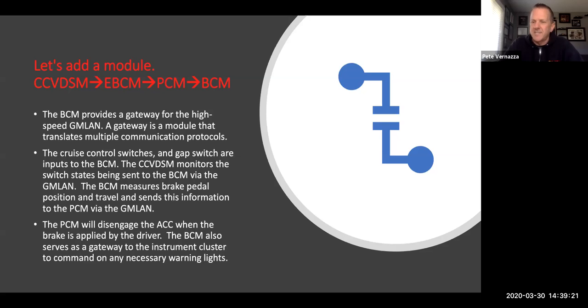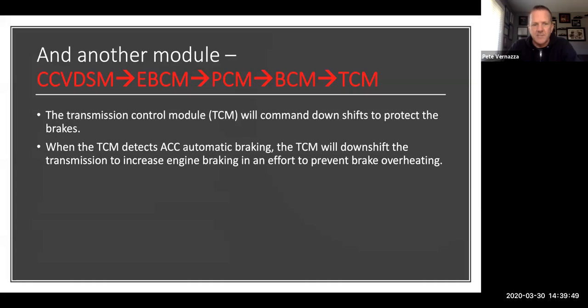This is no different. It's just now that BCM, body control module, senses brake pedal position and buses that information via the GM LAN to the PCM to disengage the system. Remember, the PCM has final say as to the system engaging or disengaging. The BCM can also serve as a gateway to the instrument panel cluster, the ATTC, to command on any necessary warning lights and messages. And I'll show you 2 messages in a few slides.